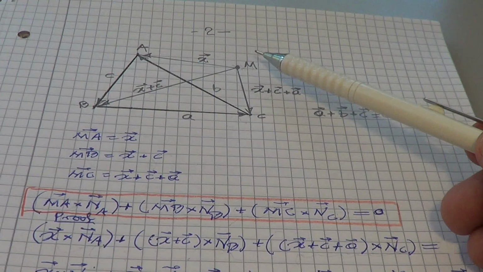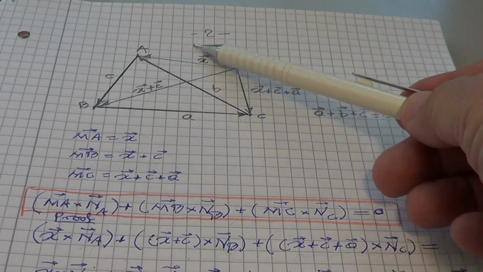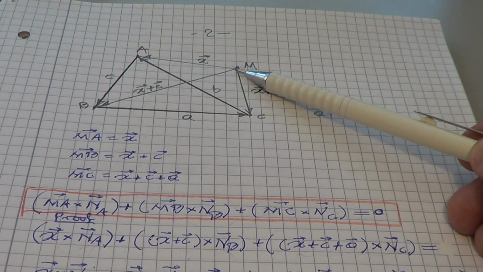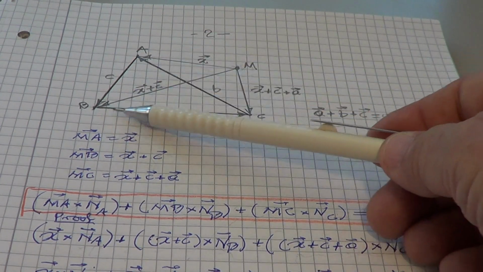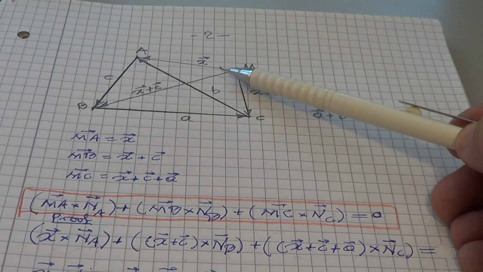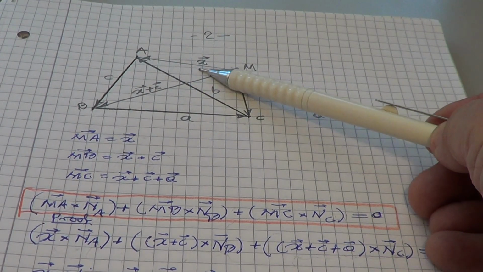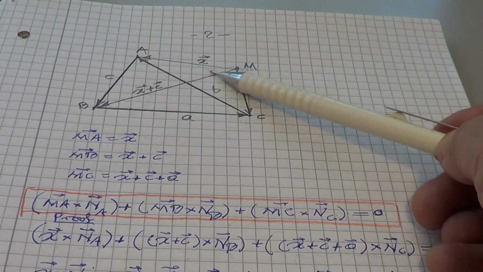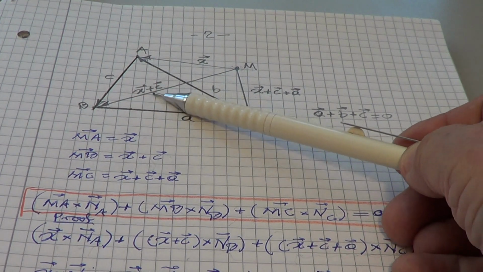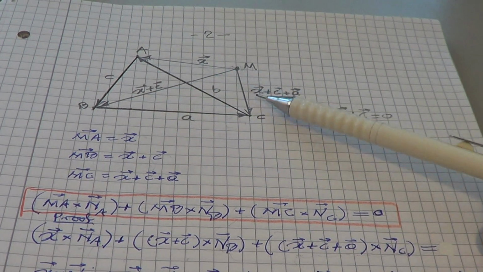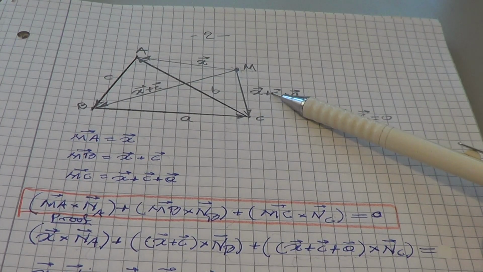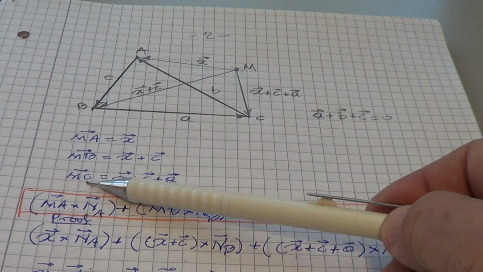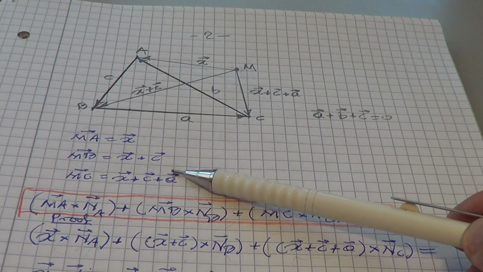Let's select a random point M on the plane of the triangle and connect this point M with A, B, and C. Let's call the first vector MA by the letter X. Therefore, the second vector MB is equal to X plus C, and MC is equal to X plus C plus A. And we write these three vectors here.